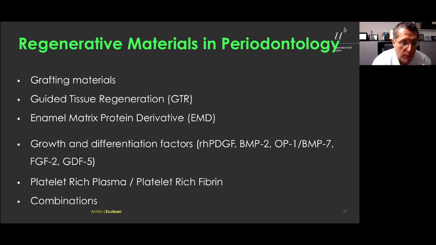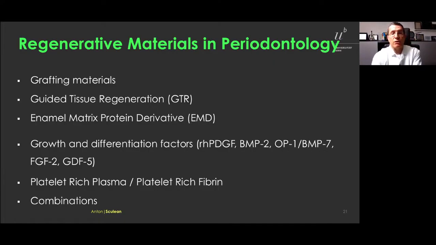Then we have one material called FGF2. This is fibroblast growth factor and is used for periodontal regeneration, mainly in Japan. We have the GDF5. This is growth and differentiation factor number 5. That has been also tested and used a certain time at least.